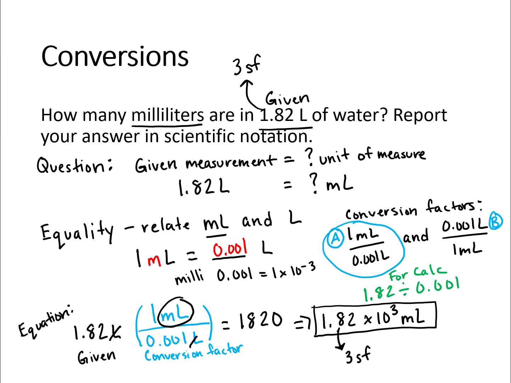Okay, so you shouldn't get to the -3. If we're going from liters to milliliters, let's just think about this for a minute. Which unit is bigger, liter or milliliter?